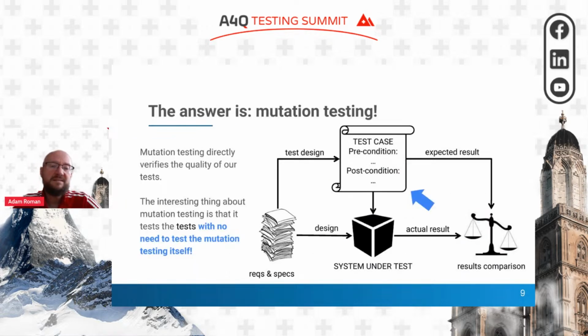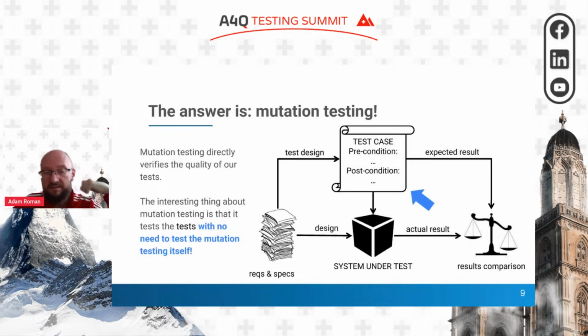The answer is mutation testing. Mutation testing cuts this infinite process at level 0, at the level of our original test cases. We don't have to write any extra test cases that test other tests.